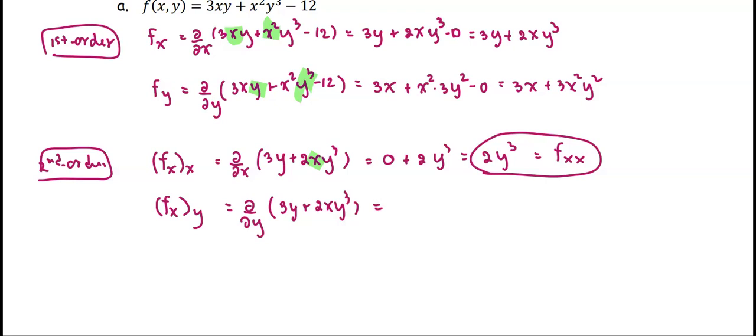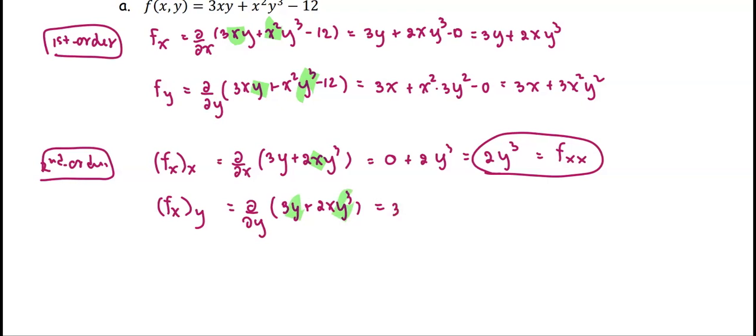We're going to treat y as the variable and the rest is going to be constant term. The first term, the derivative is 3. Second term is going to be 2 times x times 3y to the second, or it becomes 3 plus 6 times x times y to the second as f subscript x subscript y.